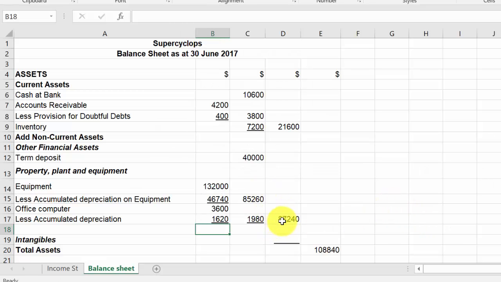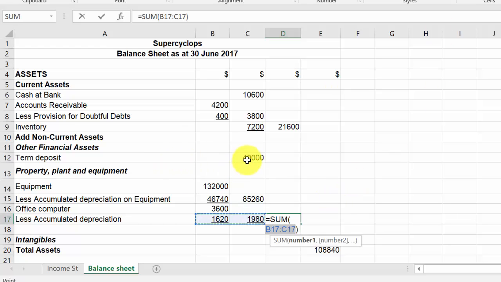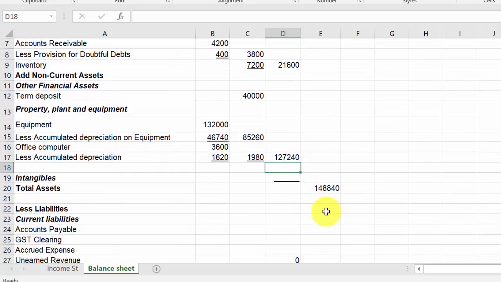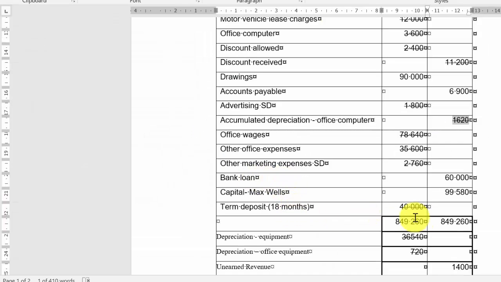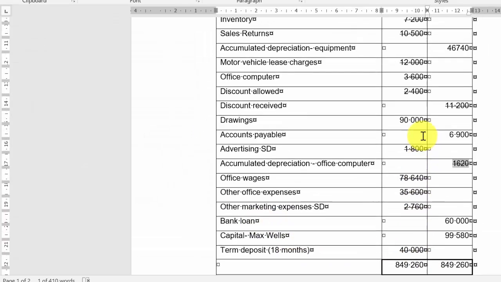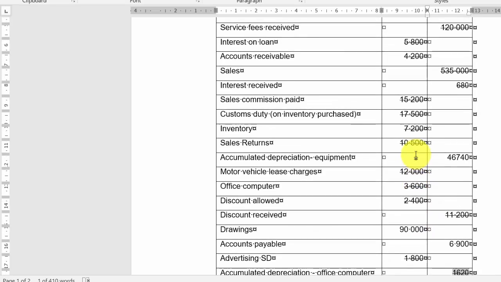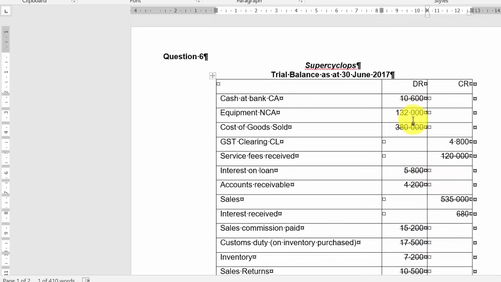So let me go back to my balance sheet. So this figure here isn't quite right, so let me just adjust that. Let me check if there's any intangibles. I'm just looking here now, my drawings, so that's another debit item I've got to go.